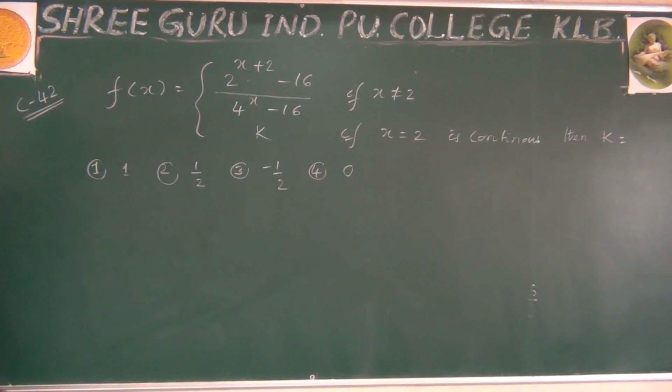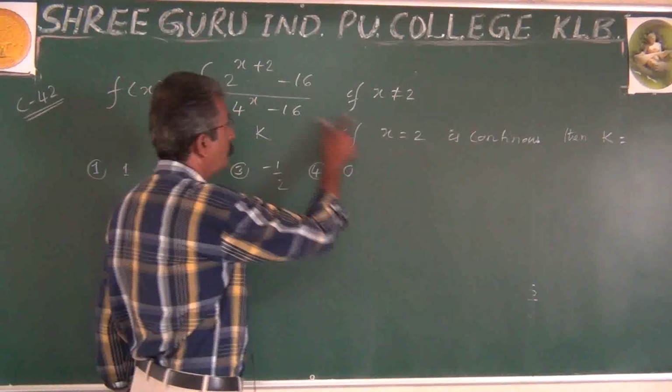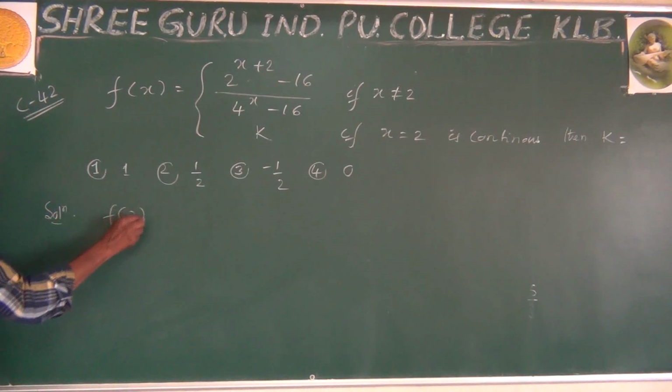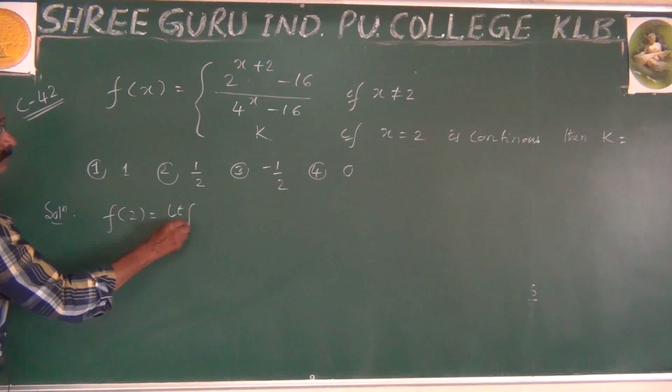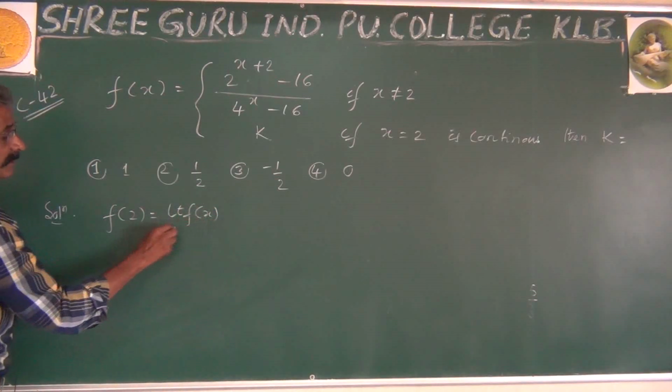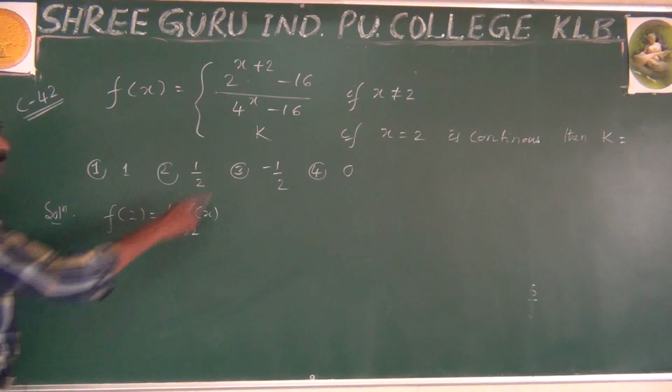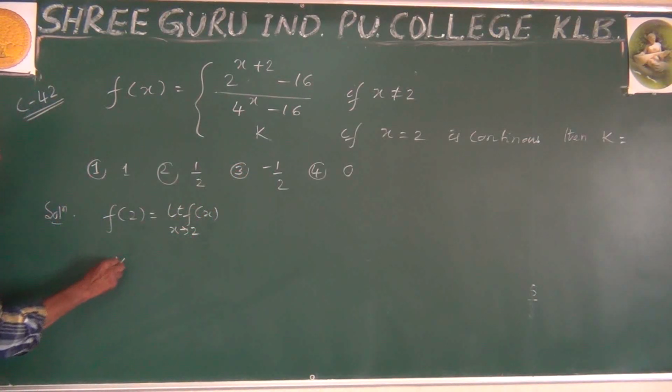What is given? Given that the function is continuous, so f of 2 equals the limit of the function. Solution: since the function is continuous, therefore f of 2 equals the limit of f of x as x tends to 2. But what is f of 2? The value of f of 2 is k.